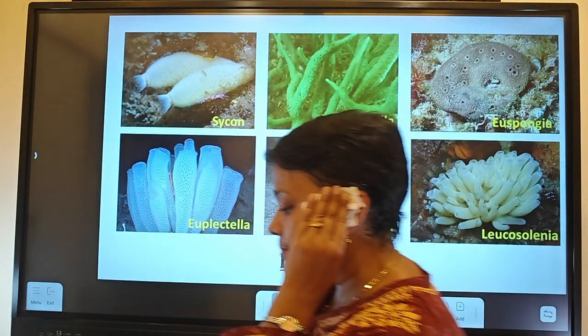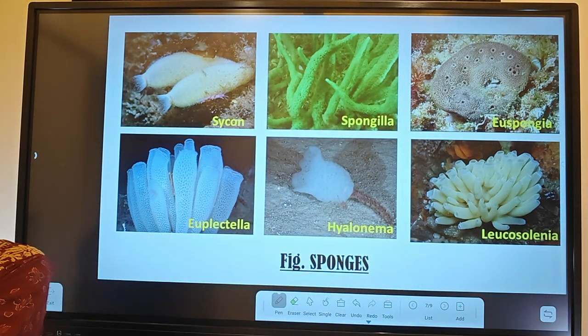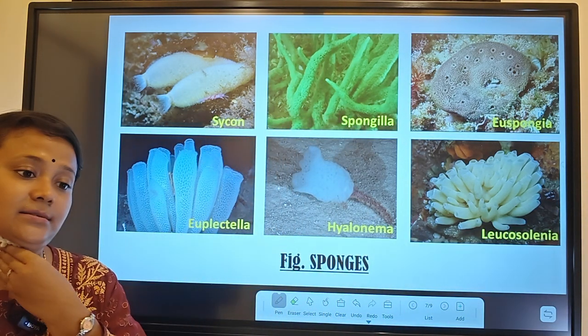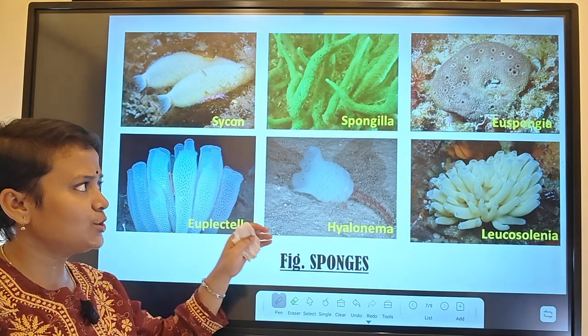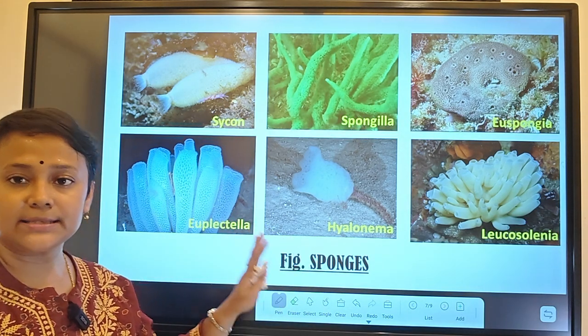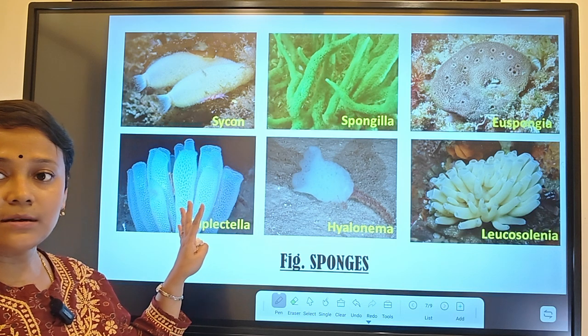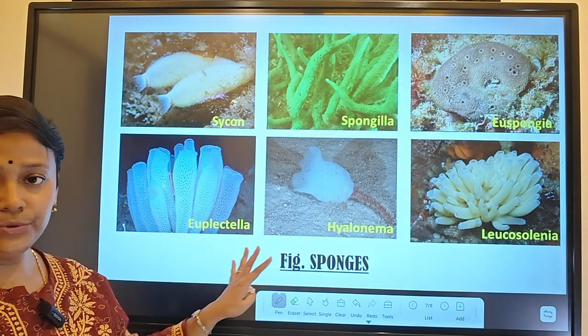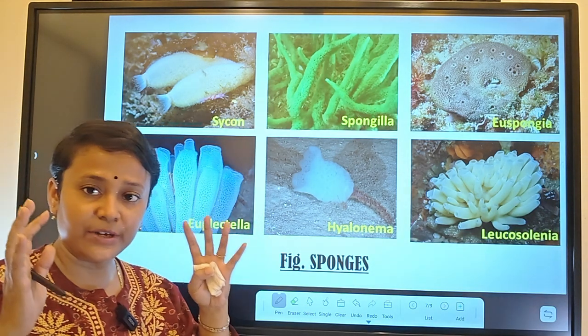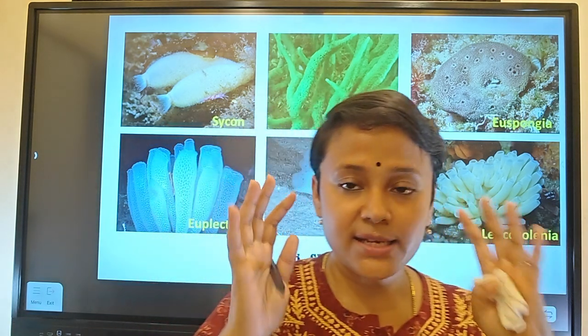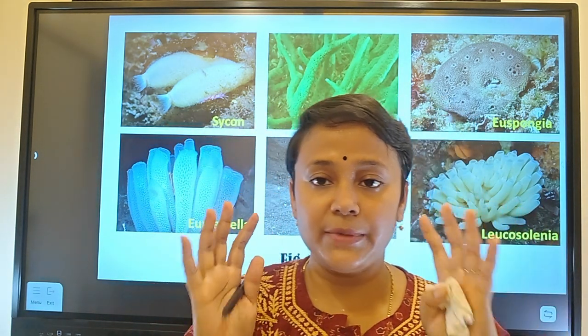Coming to some examples which are given in NCERT, I think you should know these 6 examples. It will be very much helpful. I have done these photos for you so that you can memorize. Memorization is really a challenge for you in animal kingdom.